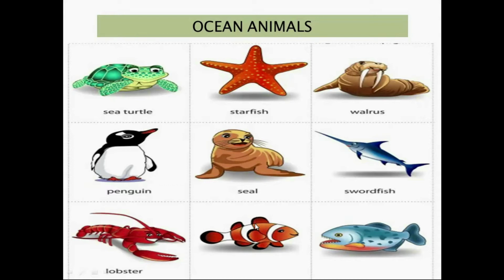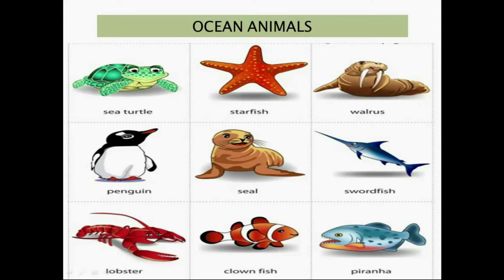When we look at this animal, can we say it's a fish? Yes, we can say it's a fish. And what's the name of this fish? Clownfish, because it looks like a clown. And then there is a deadly fish. The name of this fish is piranha.